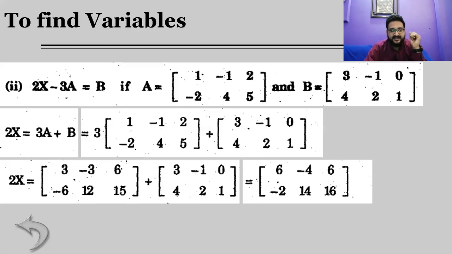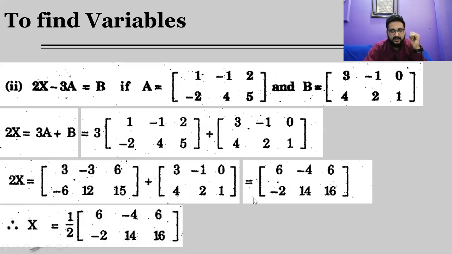You can say that every value of the answer matrix is divided by 2. So 2 is multiplied here and moves to the right hand side, where it becomes the denominator. Then after that we divide all these values by 2.